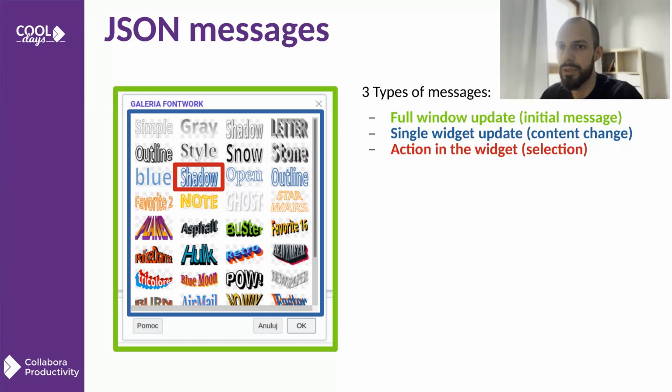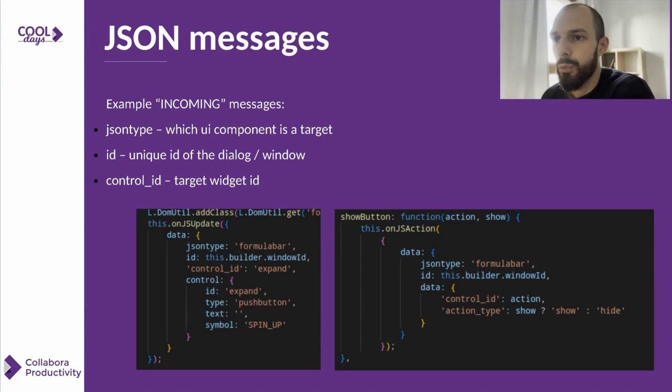For example, we change the selection. We should handle all these messages in our component. The standard methods are onJSDialogUpdate or onJSDialogAction.